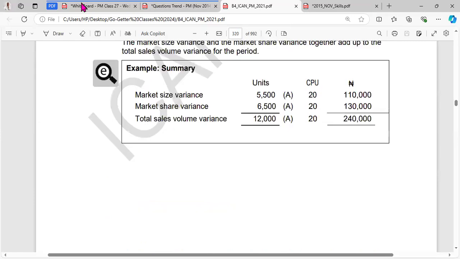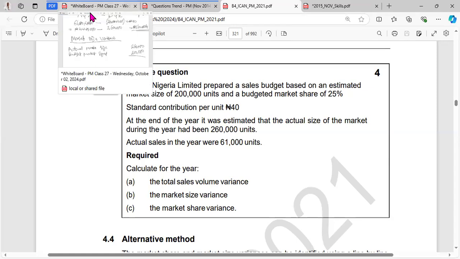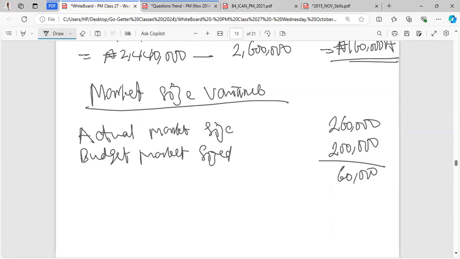The reason why I went back here is because I'm going to get a favorable variance, looking at it, planning variance giving me favorable. We budgeted 200, it increased, it became favorable. So that's fine. So this is 60,000.